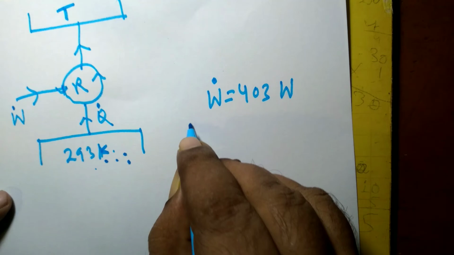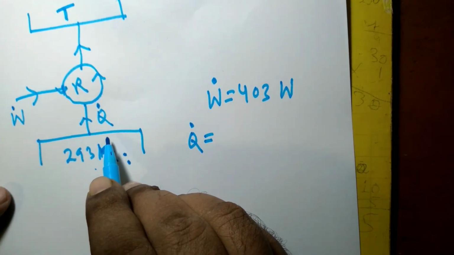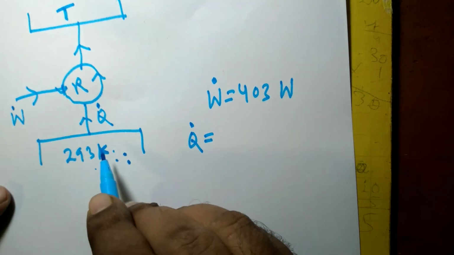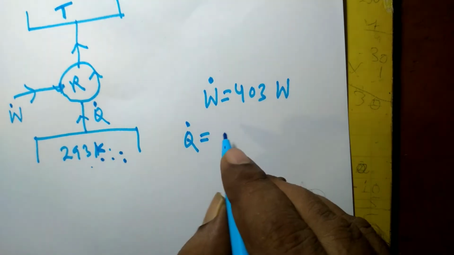Now here Q dot is how much? Rate of heat loss, rate of heat transfer, actually heat transfer through the walls and roof, how much heat transfer will there be? It is 0.525 kilojoule per second per degree temperature difference.